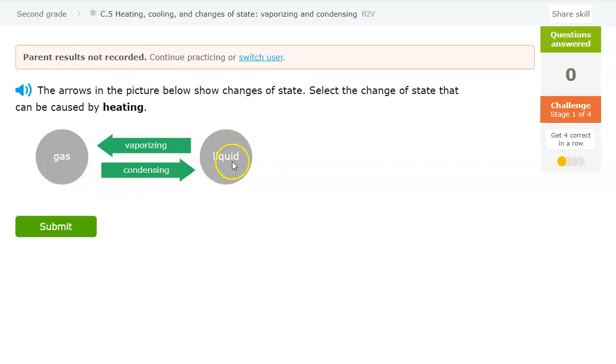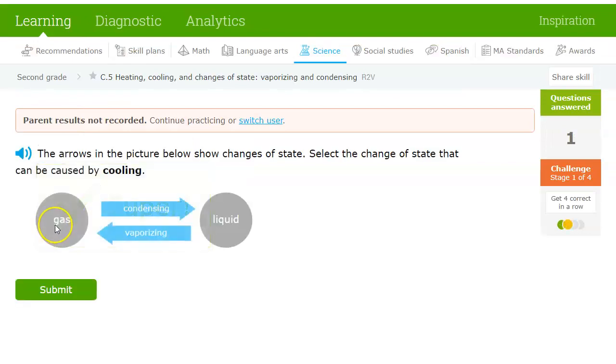Water as a liquid is just water, like what you drink. So, do we take gas in the air and heat it up to become a liquid? Or do we take a liquid and heat it up to get a gas? Hopefully, you know that you take a liquid and you heat it up like boiling water to get that steam or that gas. So vaporizing is the correct answer.